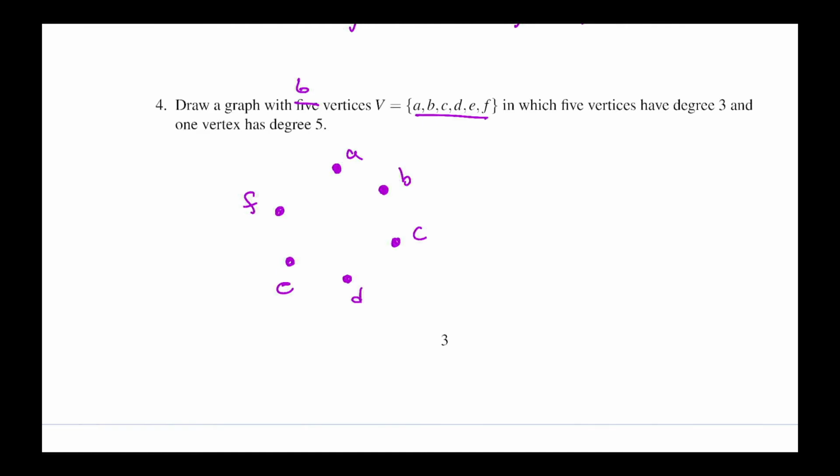So what are we doing here? 5 vertices are supposed to have degree 3, but 1 vertex is supposed to have degree 5. Okay, so if 1 vertex is supposed to have degree 5, maybe we can draw that first. So let's just pick a vertex and make it have degree 5.